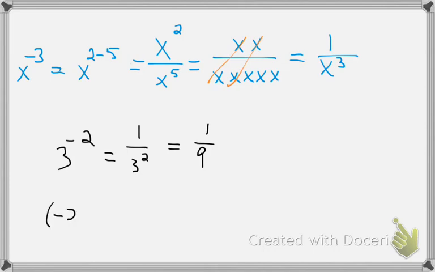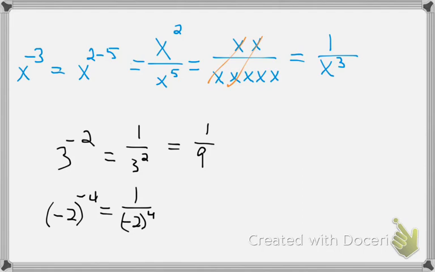All right. So what about negative 2 raised to the negative 4 power? Negative 2 in parentheses raised to the negative 4 power. Very good. 1 over negative 2 to the 4th power. Notice that a negative exponent is an entirely different concept from a negative coefficient. All right?